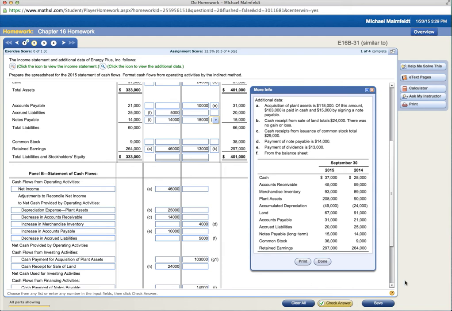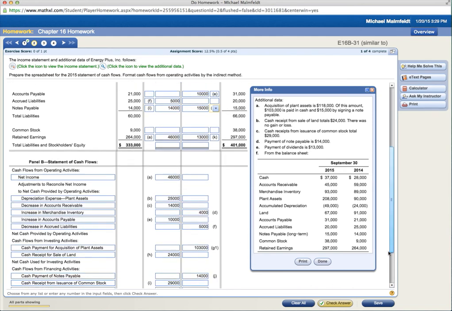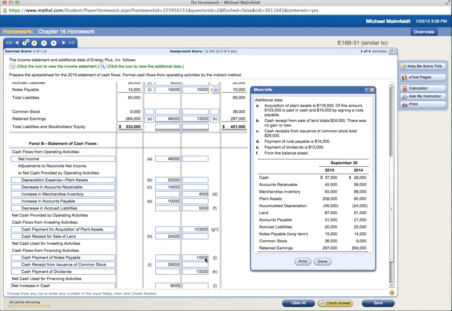Okay, they have this labeled as part J and the other one is part I. So let me just change that to part J. Now I need to look at this part I, the cash receipt from issuance of common stock. So if I look up here, common stock balance increased by $29,000. It's an owner's equity account, so it carries a credit balance. So we have $29,000 here, and that was part I.